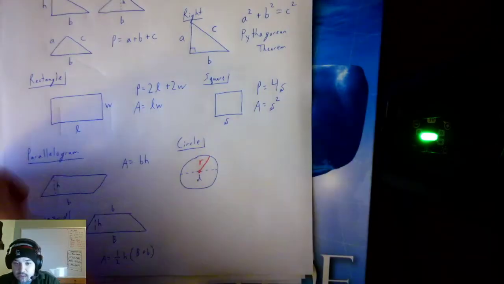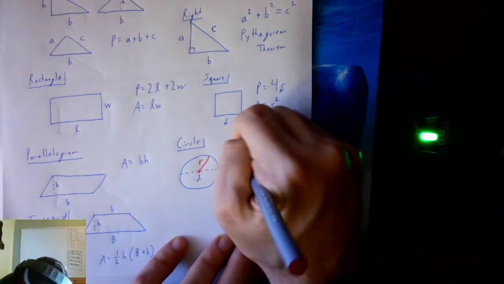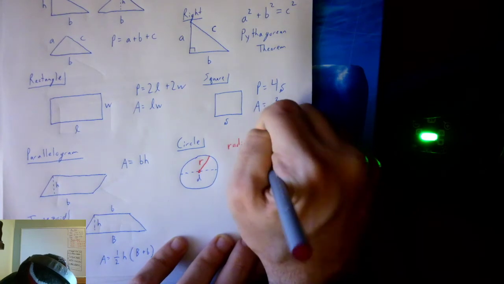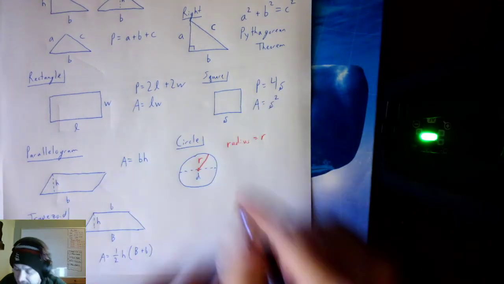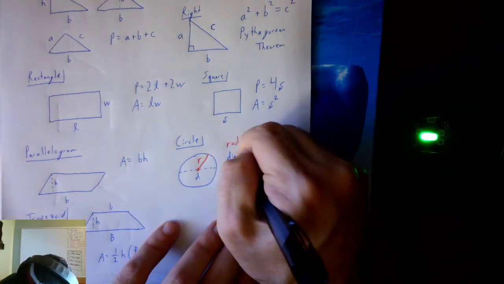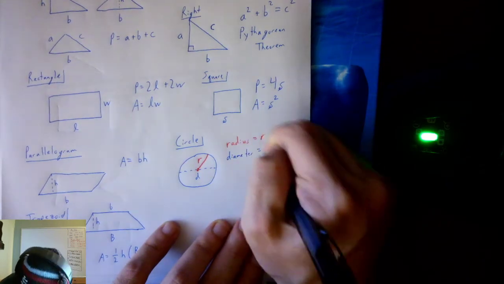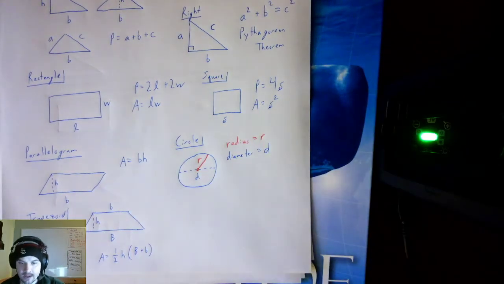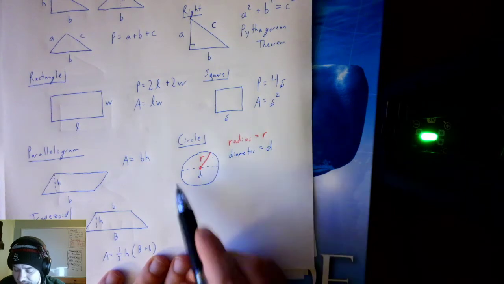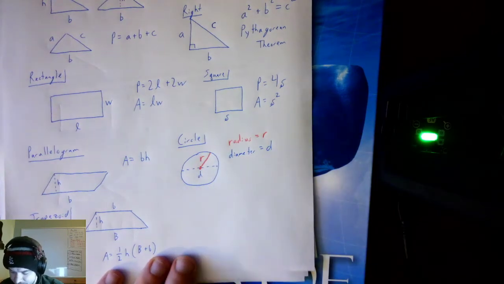So we have radius, which is r, and we have diameter, which we use the letter D for. Radius is from the center to the outside, and diameter is across the whole thing.